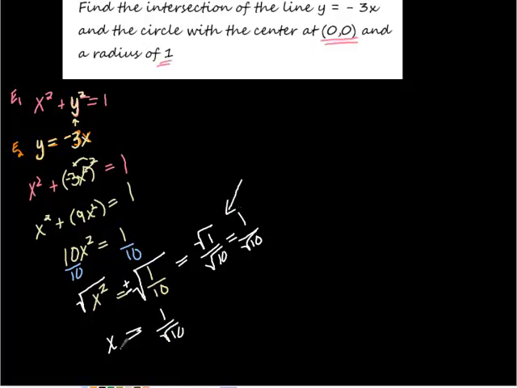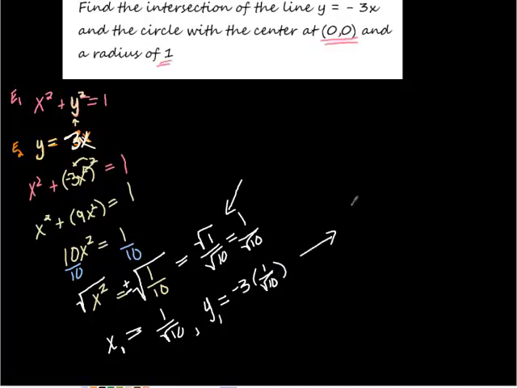If this is x sub 1, then y sub 1 would equal negative 3. I'm taking the function up here, negative 3x. So negative 3 times my x value, which is 1 over square root 10. This is our x sub 1, y sub 1 point.